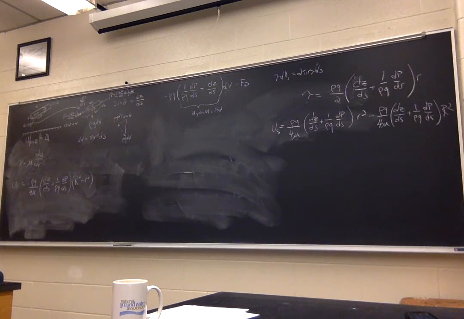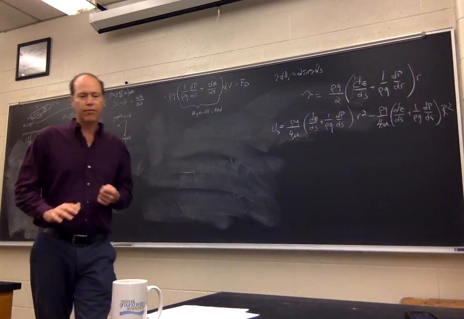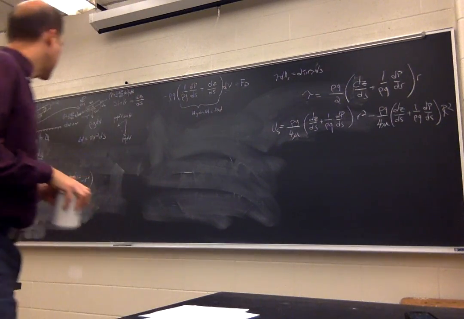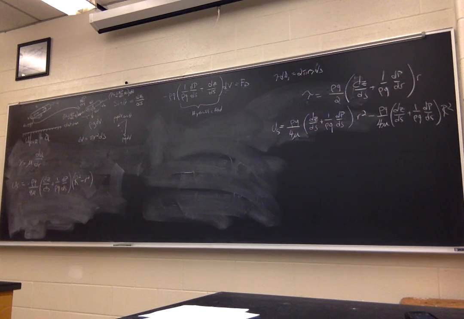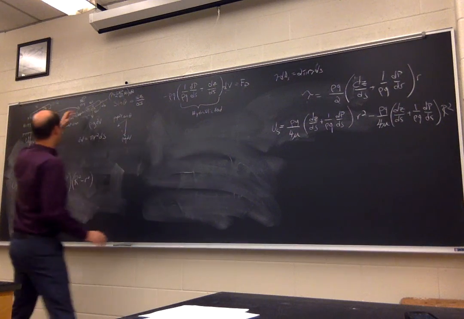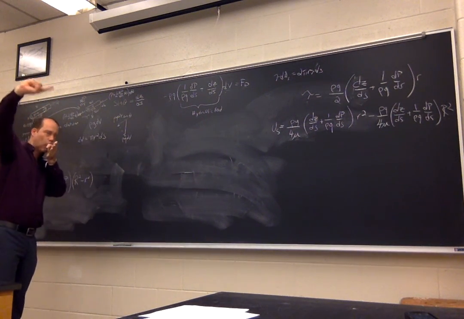So if I want to find what the maximum velocity is, the maximum velocity of this pipe is going to be where little r equals 0. So in other words, it's going to be in the center of the pipe, at the axis of the cylindrical coordinates.